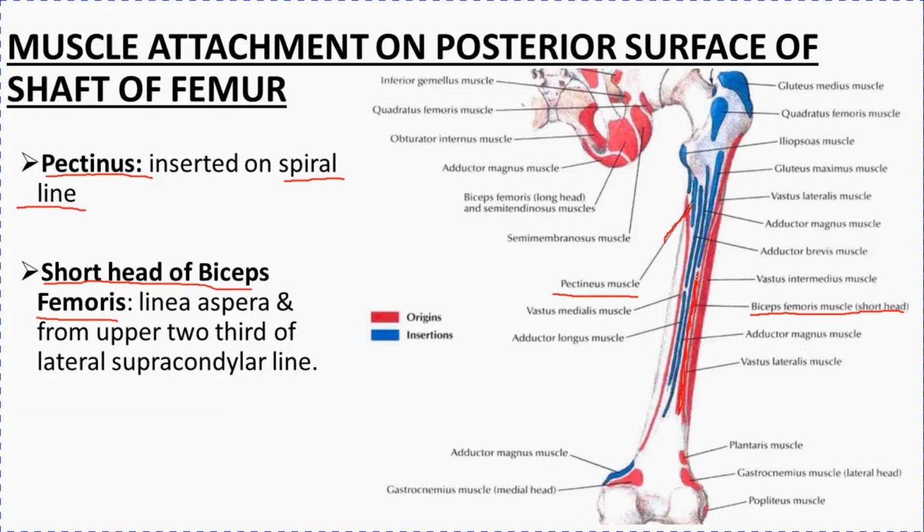It has an anterior surface which gives attachment to gluteus minimus, a lateral surface giving attachment to gluteus medius, a medial surface giving attachment to the two gemelli, superior and inferior gemelli, and the obturator internus muscle.